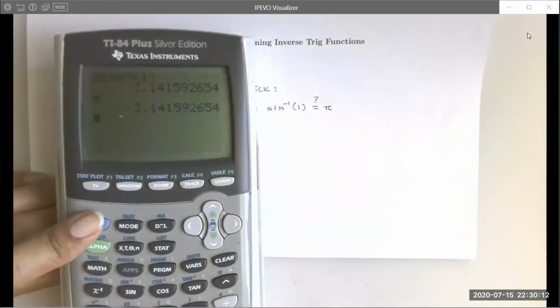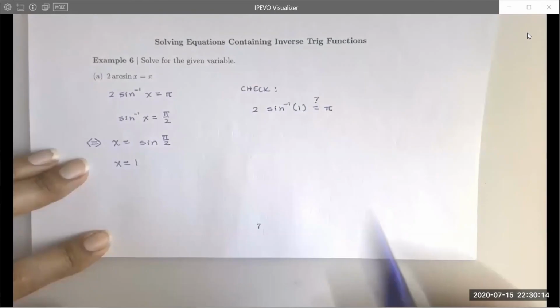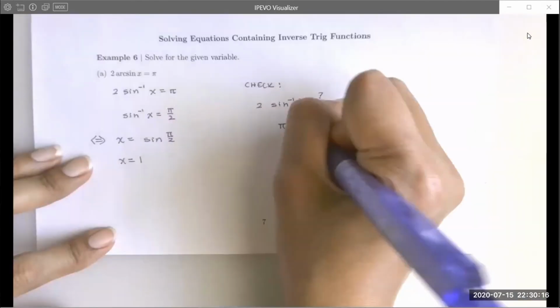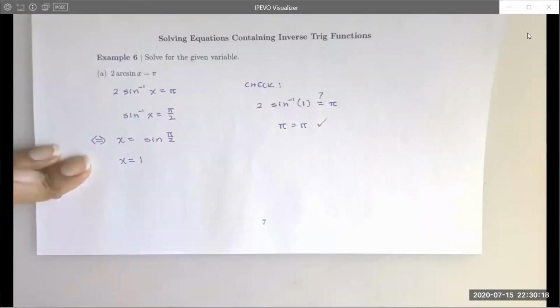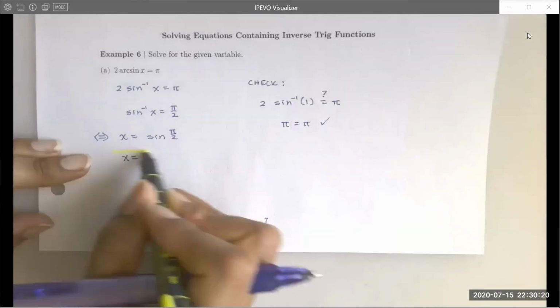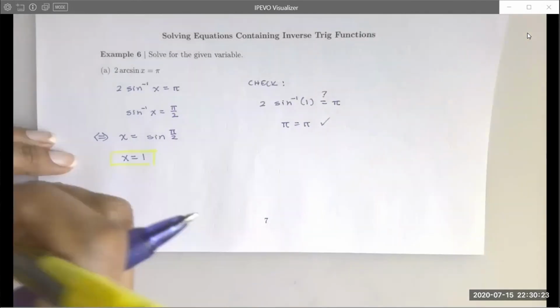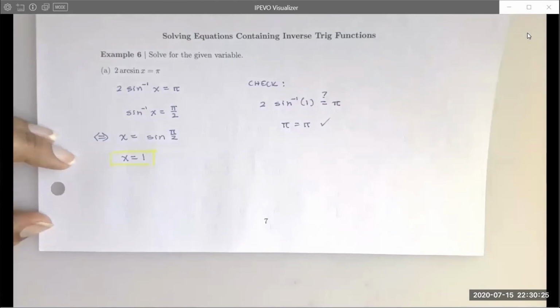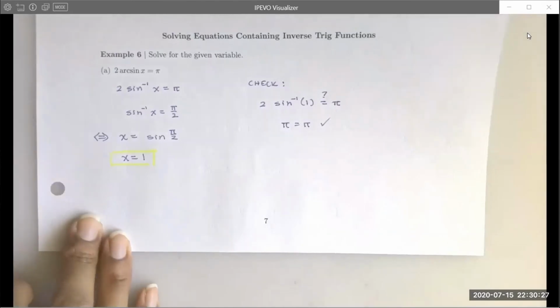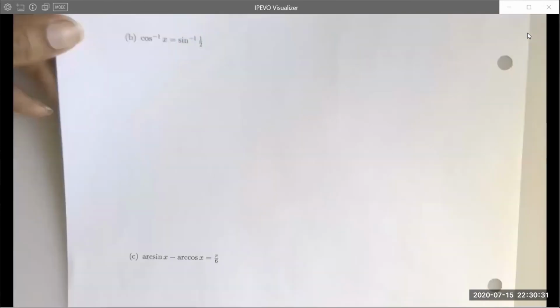Okay, so, yep. Pi equals pi, which means that looks good. Nothing compared to 5D in terms of the work. Okay. Let's take a look at another one.